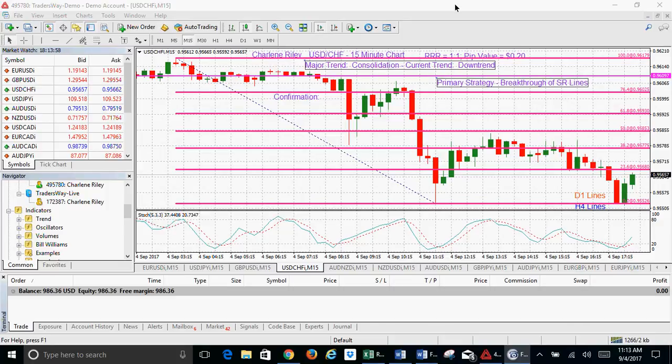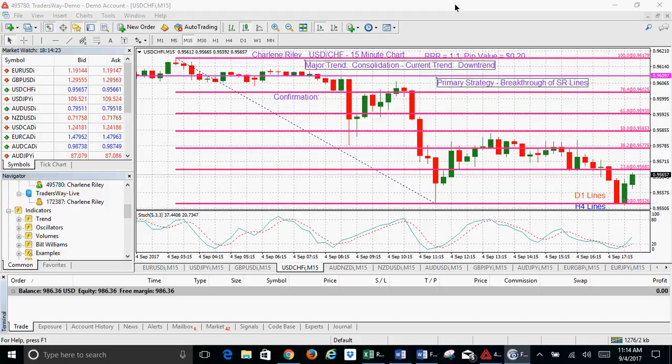My primary strategy is breakthroughs of support and resistance, using support and resistance lines that I drew during multi-frame analysis and also as part of my Fibonacci support and resistance lines.